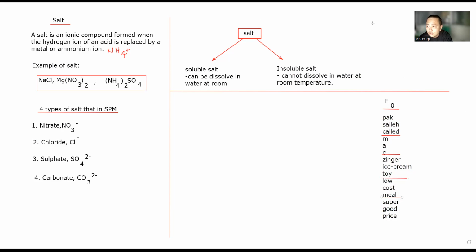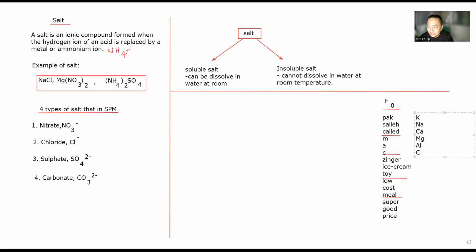What is this? Pak stands for potassium, K. Saleh stands for sodium, Na. Cal is calcium. Potassium, sodium, calcium, and then magnesium, aluminium, carbon.